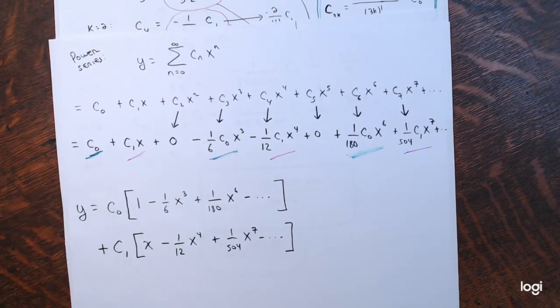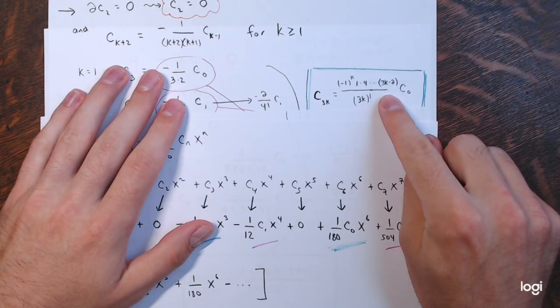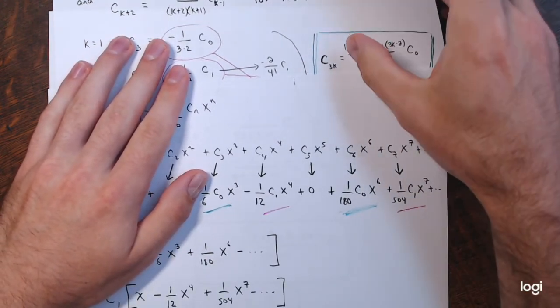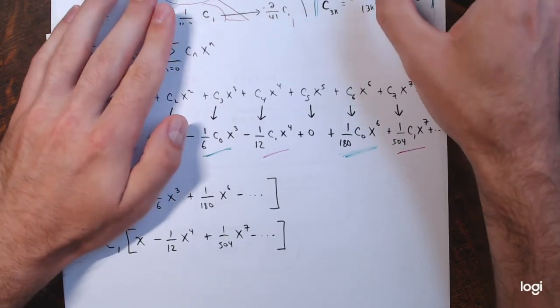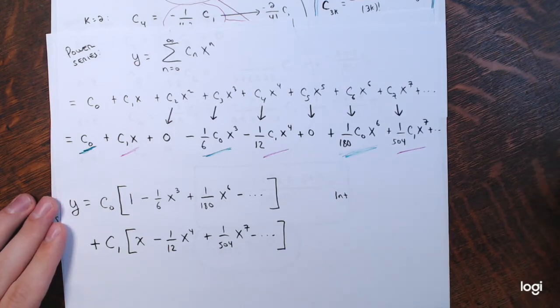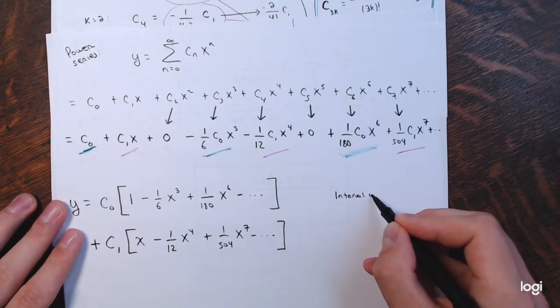And I will leave it to you to figure out what the general pattern is. The interval of convergence for this series is all real numbers again, but I'll leave that to you to figure out.